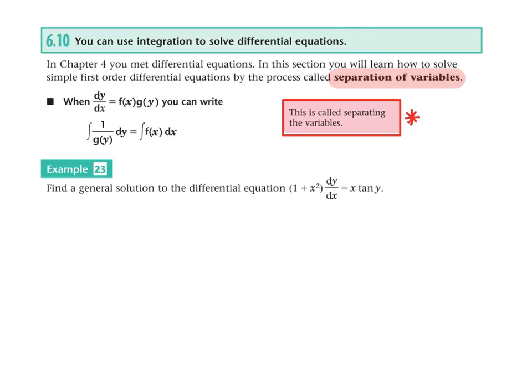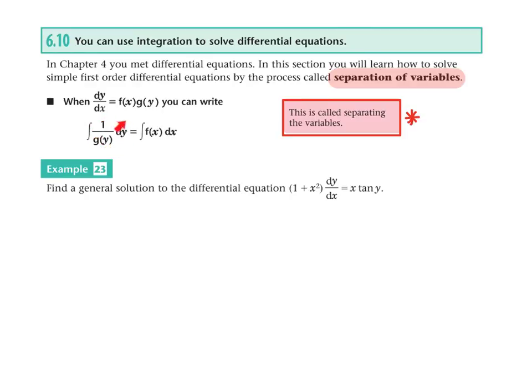That's the differential equation. What we have this time is we actually have x's and y's, and we have to separate variables. So it's taken the dx's with the f of x and the dy's with the g of y's, as you can see here. So what's happening is we've got dy by dx, we've got a function in x, we've got a function in y.